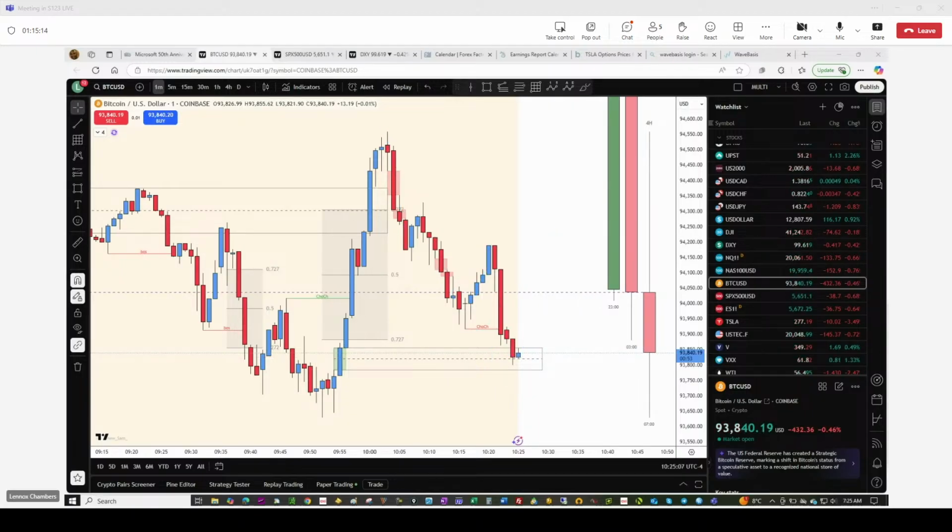Unless, of course, they're having an eye on these lows, which I don't think they should be taken out again because we've already swept that low down here. So we should be pushing back to the upside. It's a nice fractal happening right now. So tempting buy opportunity here on Bitcoin.